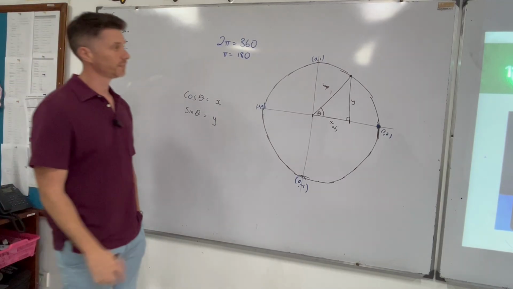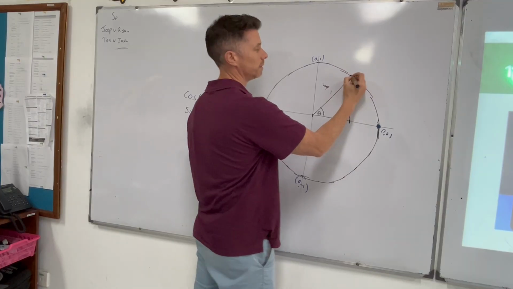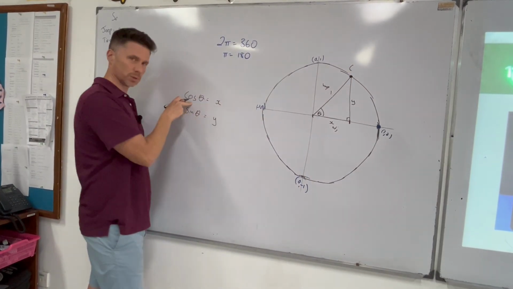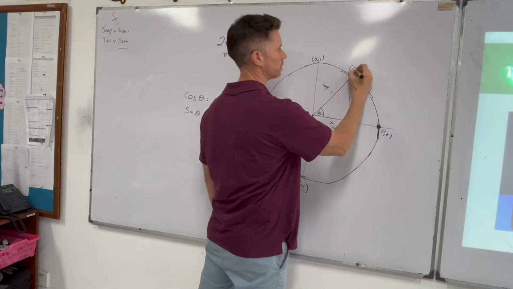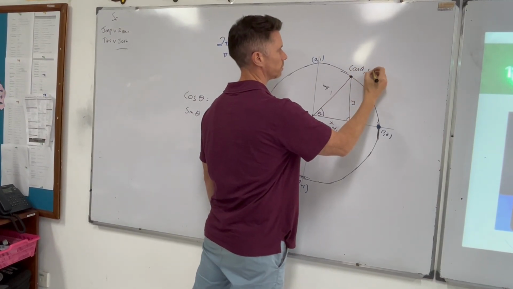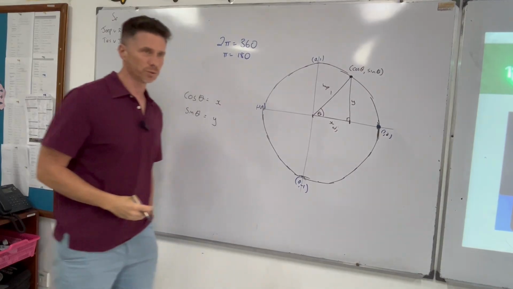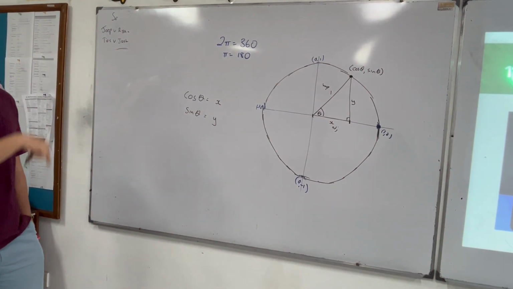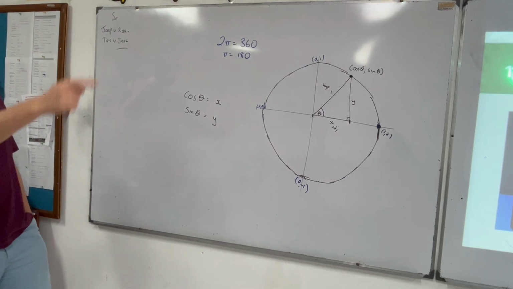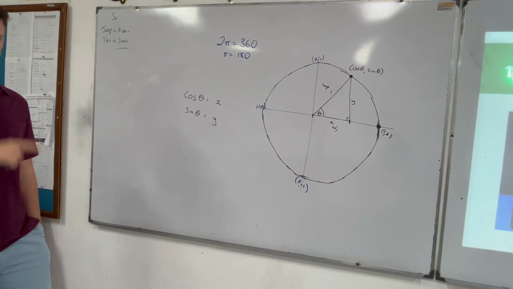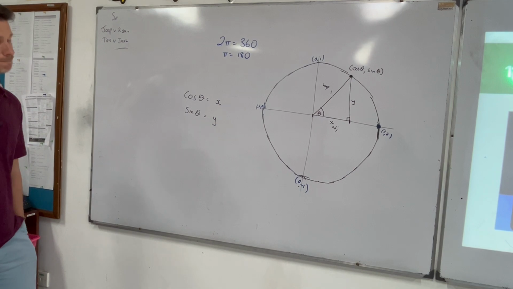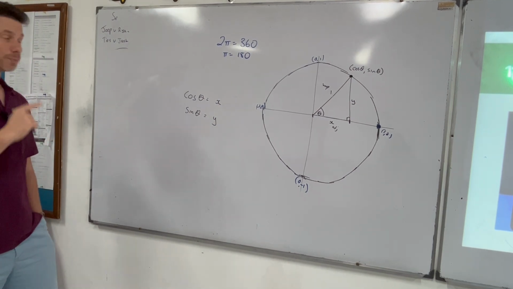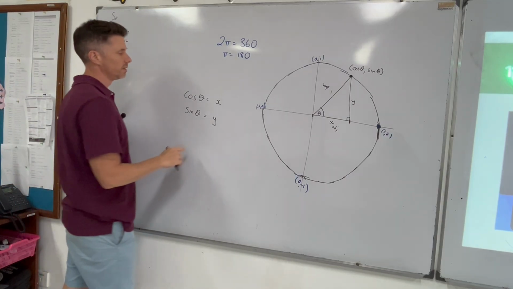Which means that this point up here is going to be (x, y), but we know that x is the same as cosine theta, so it's going to be (cosine theta, sine theta). So we can get the cosine and sine of an angle from its x length and y length in this unit circle for all the points when we go around. Yes? Maybe?